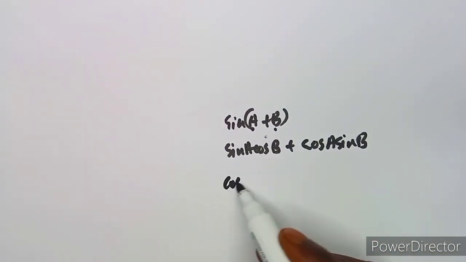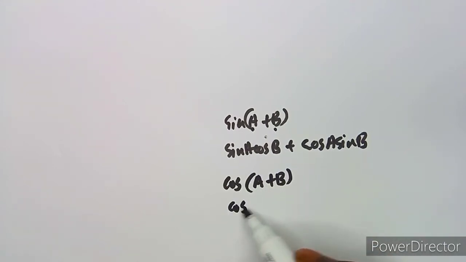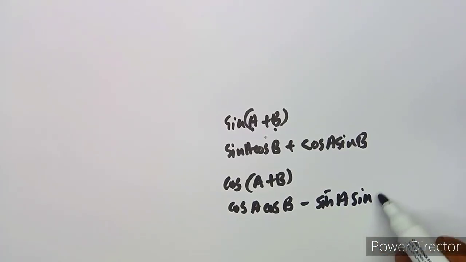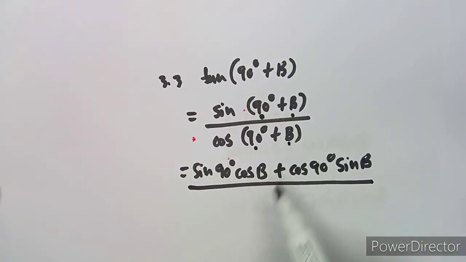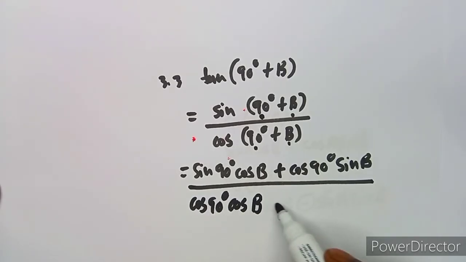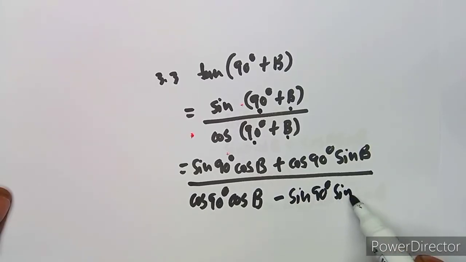Now the cos is going to change: cos of a plus b gives you cos a cos b minus sine a sine b, so it's a negative. So it's going to be cos 90 cos b minus sine 90 sine b.